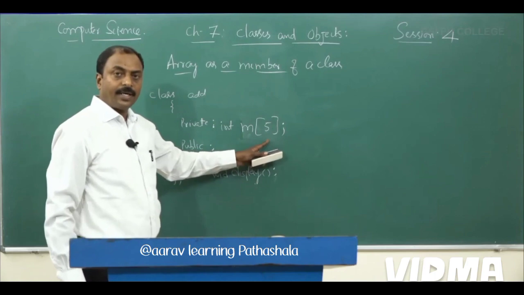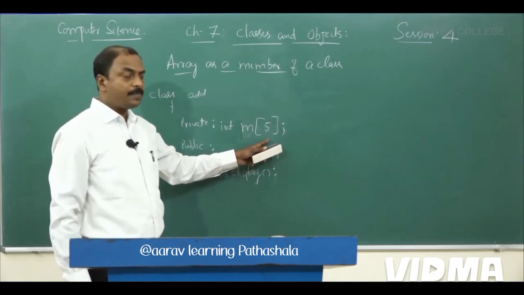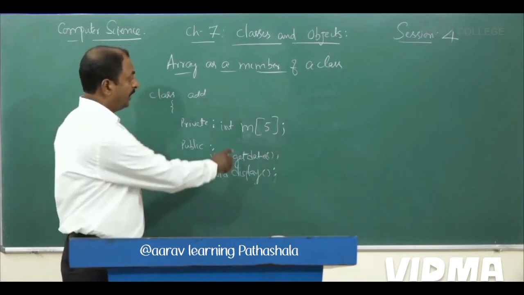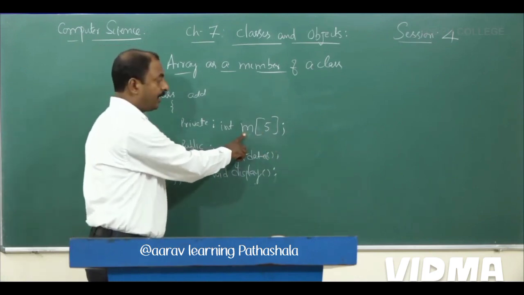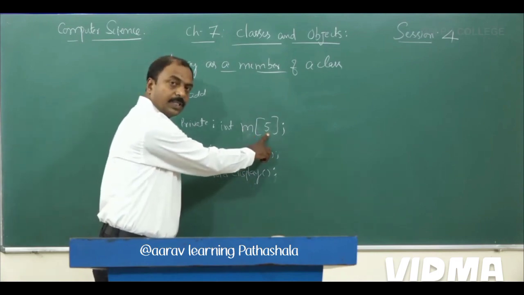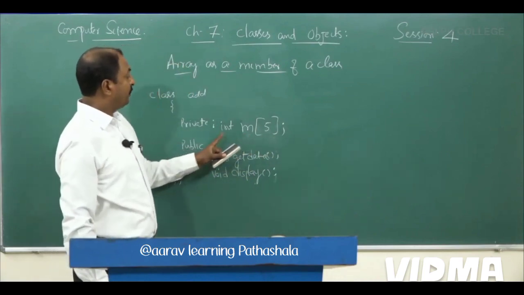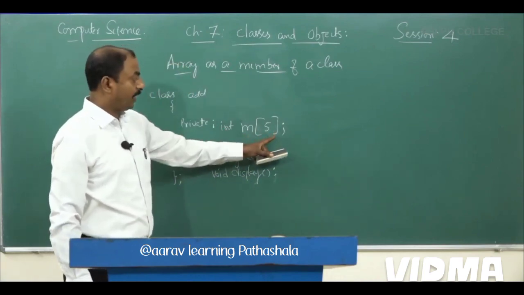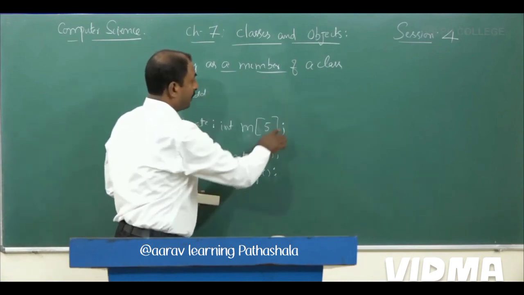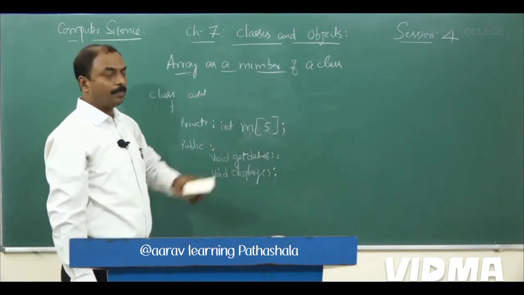An array is a group of elements of similar data types under one name. In this example, m is an array, and this is the array index, the subscript of the array. So if I say int m of 5, we have declared an array as a member of a class. This is the meaning of the heading array as a member of a class.